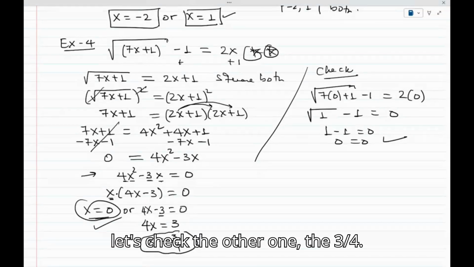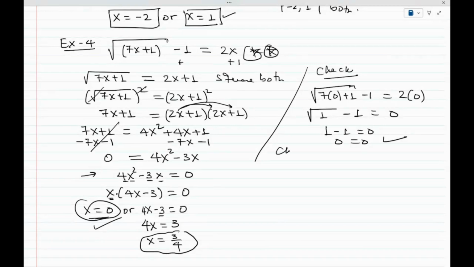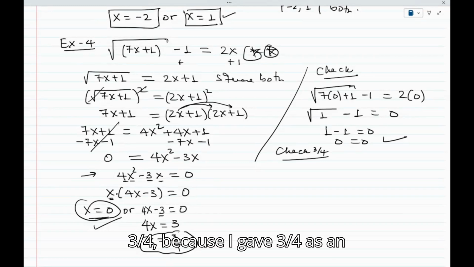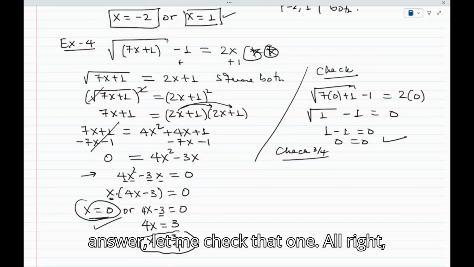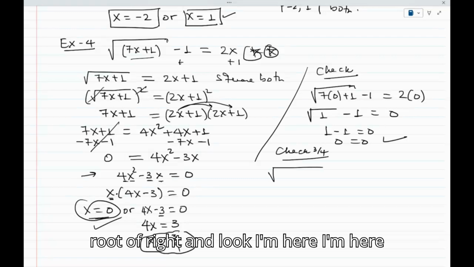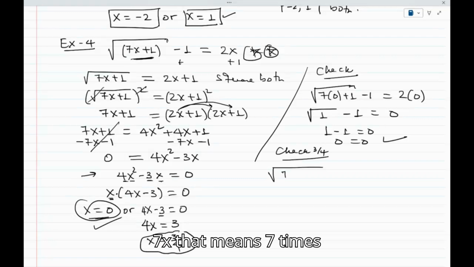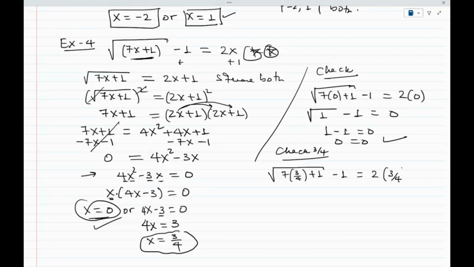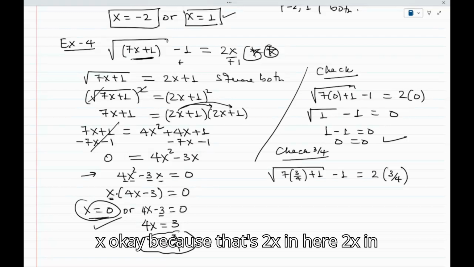Now let's check the other one, 3 over 4, because I get 3/4 as an answer. So what I have to do is this: square root of 7x, that means 7 times 3/4, plus 1, minus 1 outside, is equal to 2 times 3/4, because that's 2x in here, 2x in here.